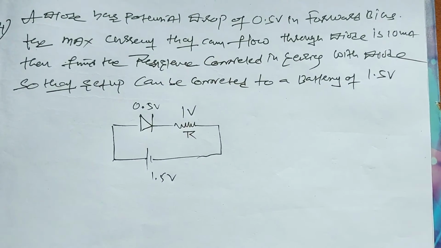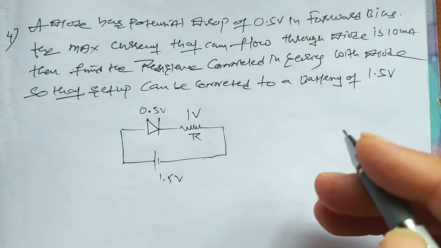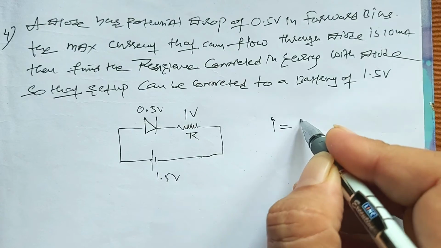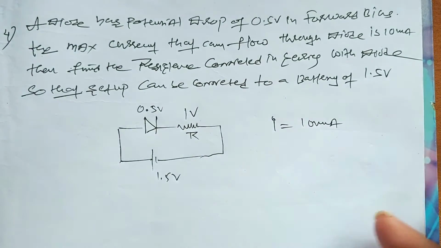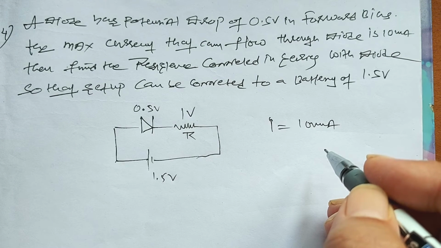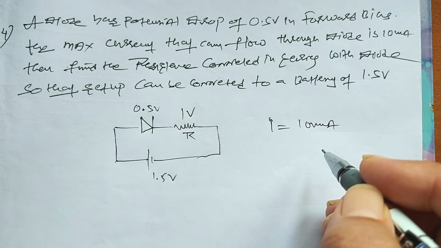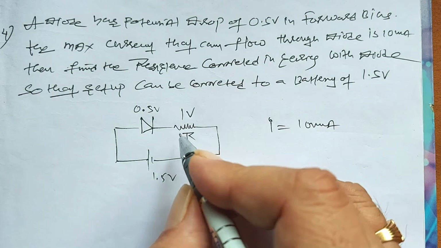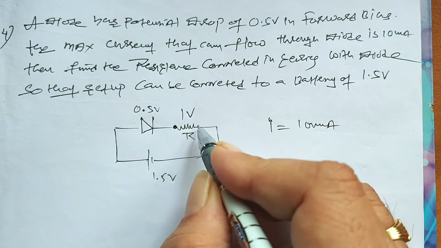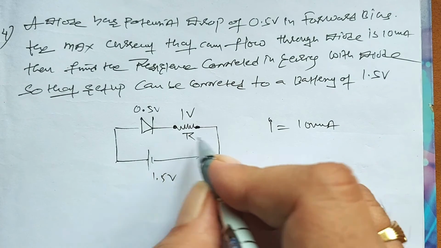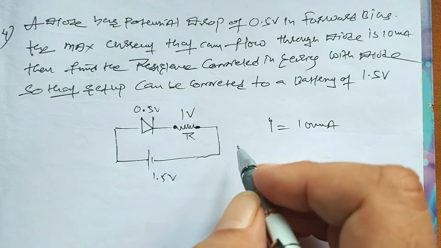What is the maximum current that can flow through the diode? Maximum current that can flow through the diode is I equal to 10 milliamperes. So we know that how much resistance is to be connected to the diode in series, we want to find out that.